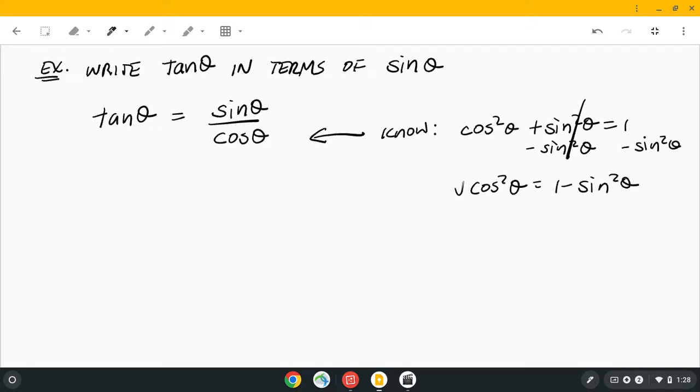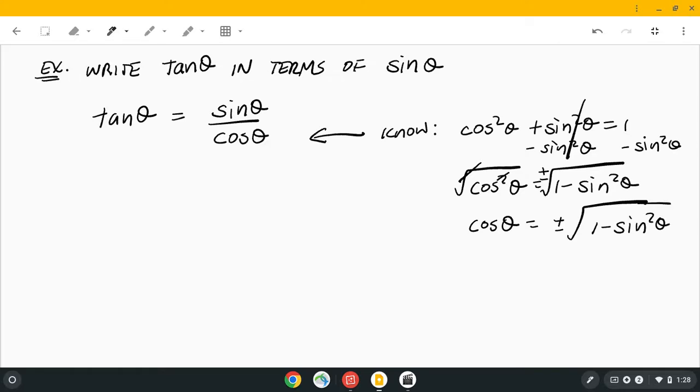Okay, so when I take the square root here, it will cancel out the square. But when I take the square root there, I have to do plus minus. So it turns out cosine theta is equal to positive or negative square root of 1 minus sine squared theta. Okay? All right, so we do have this.